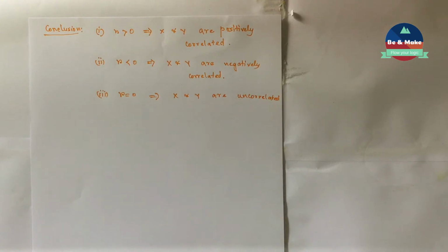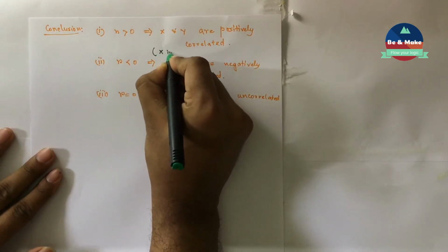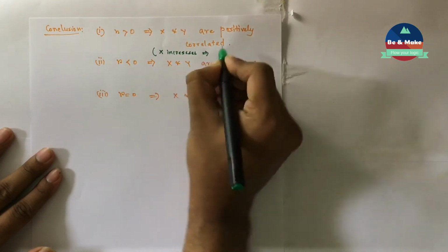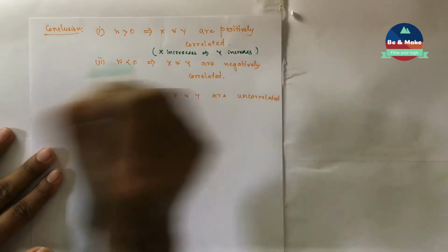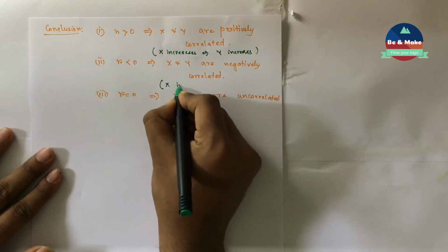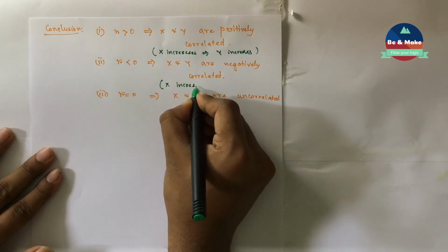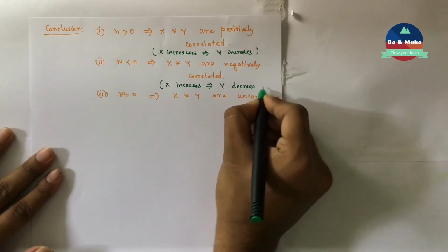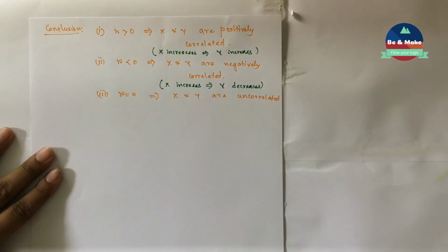Okay, so what do I mean by positively correlated? It means, as I have already said, that if x increases, then y increases. Similarly, for negative correlation, if x increases, it implies y decreases. So this is negative correlation.